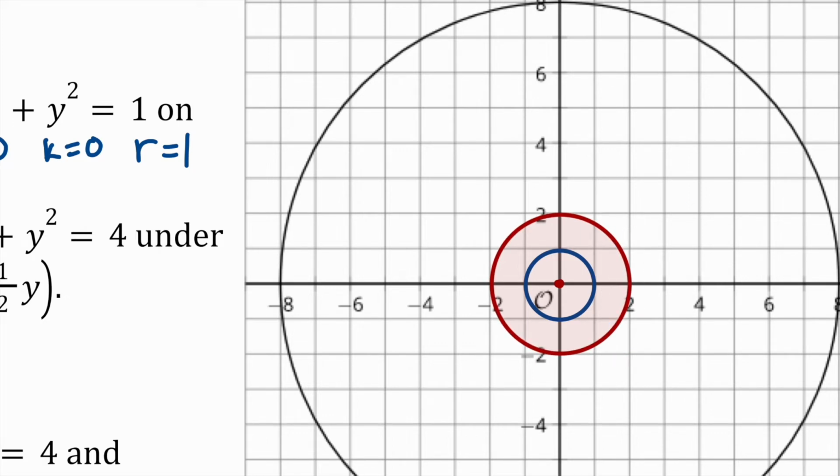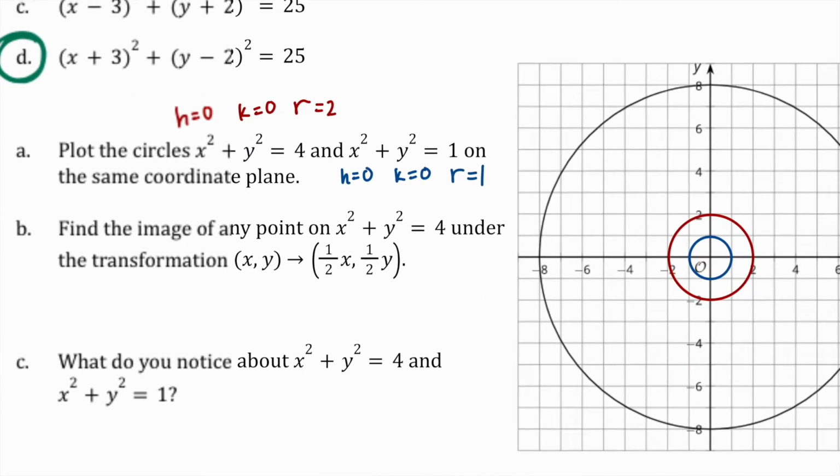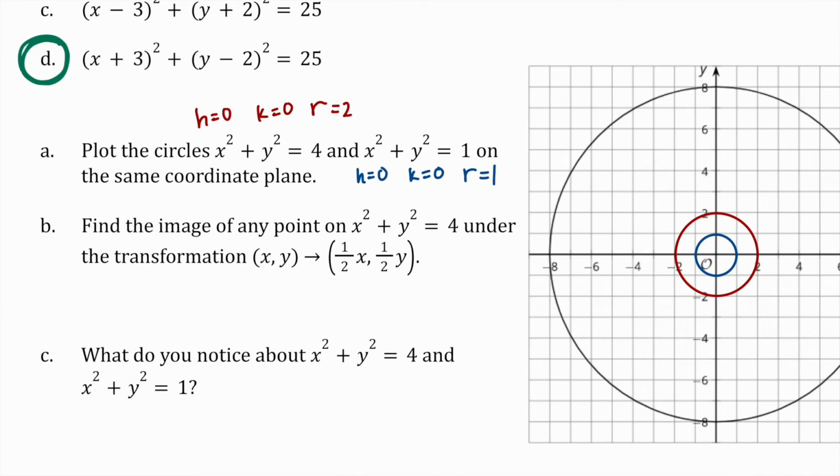Okay, cool. All right, so they're now asking me, what do I notice about the transformation. So x squared plus y squared equals 4, that's my red one.